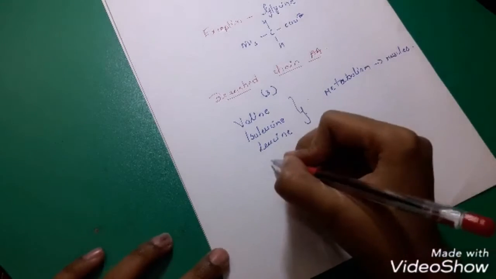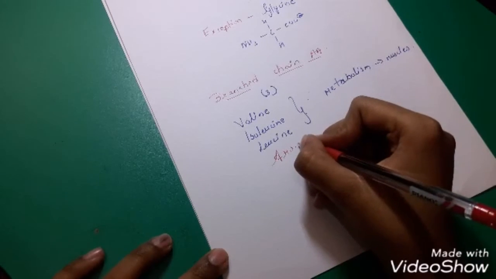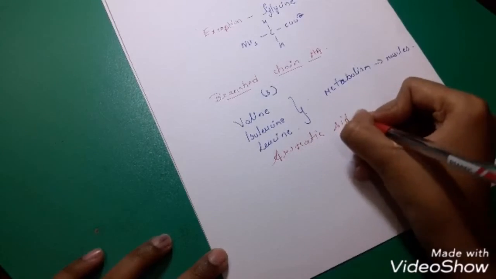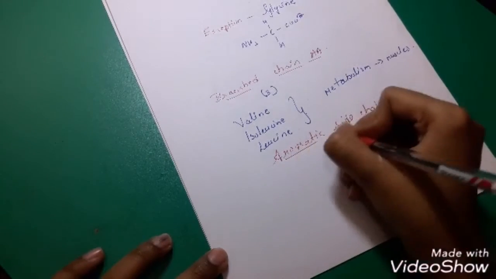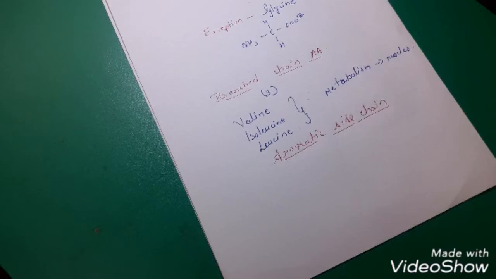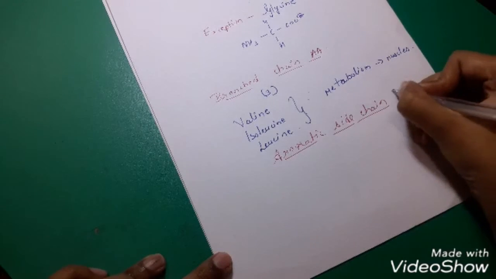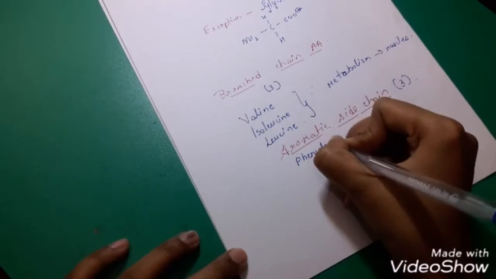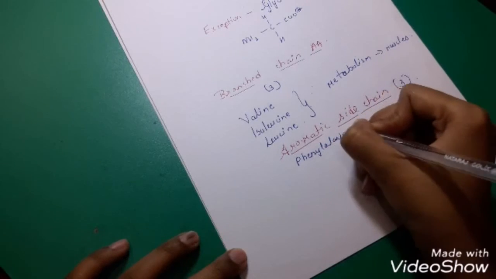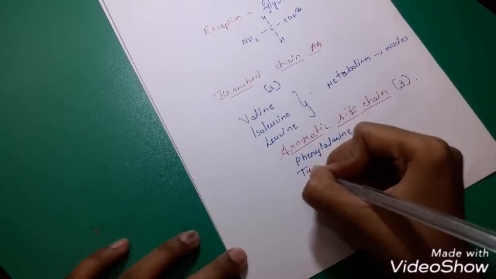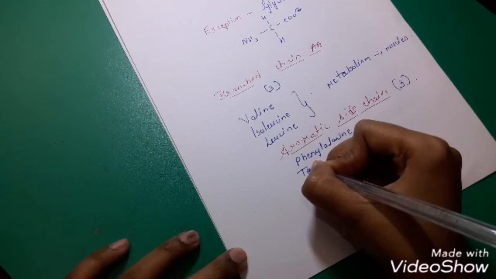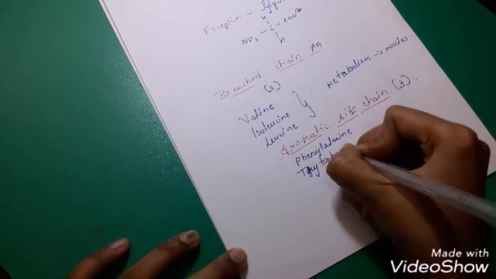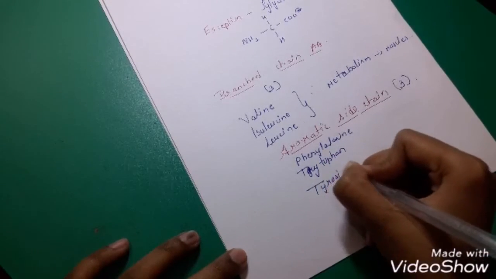we have also seen the amino acids which have aromatic side chains. So these are also three. These are phenylalanine, tryptophan, tyrosine.